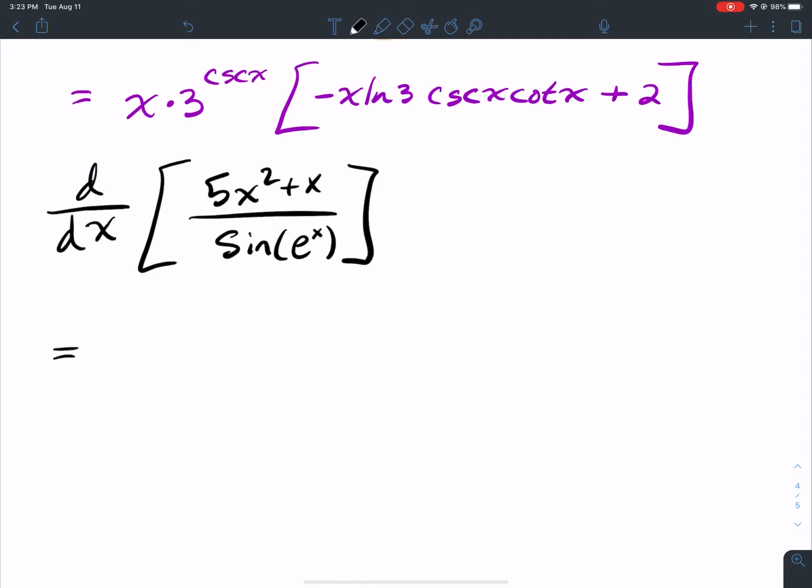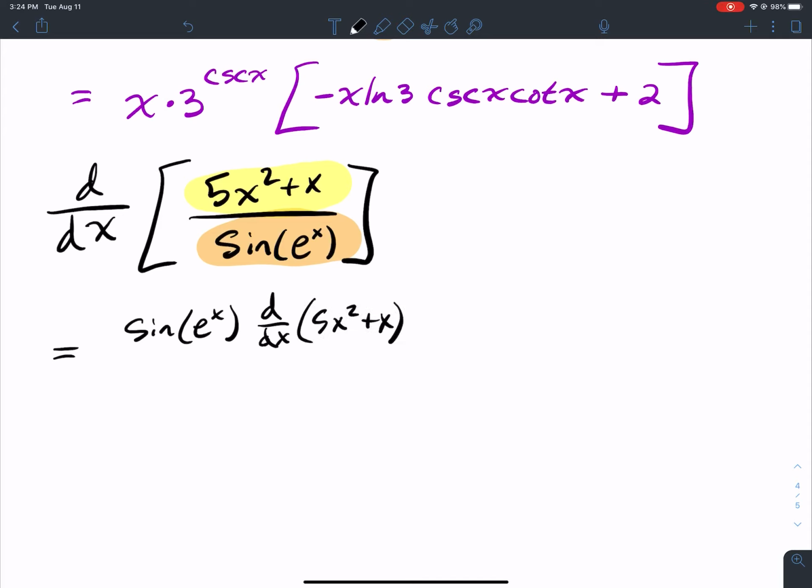So the derivative is low d high. So low, what's low? Sine e to the x. Low d high, the derivative of the top function. The top is 5x squared plus x. So that's the derivative of 5x squared plus x.